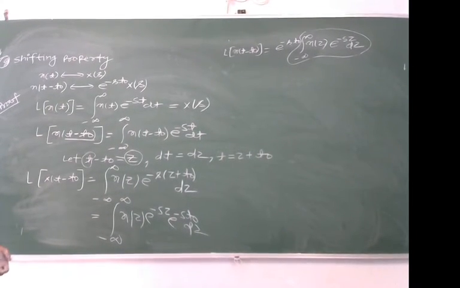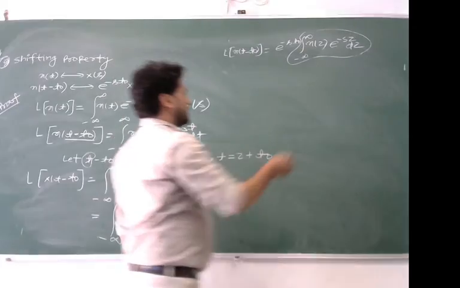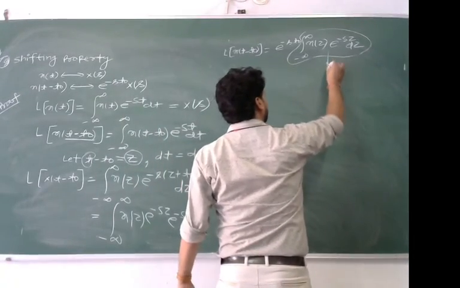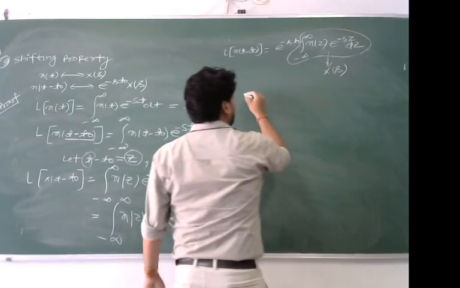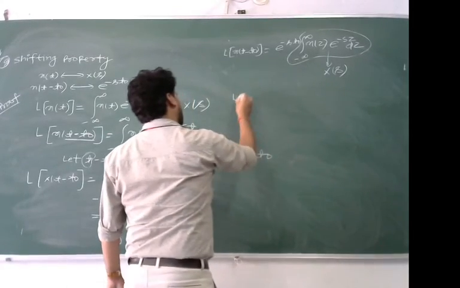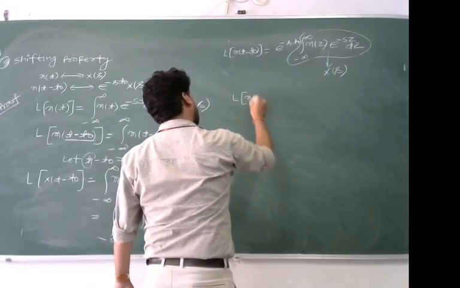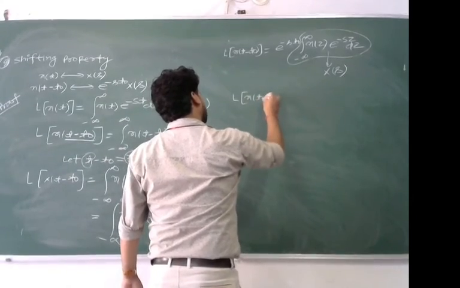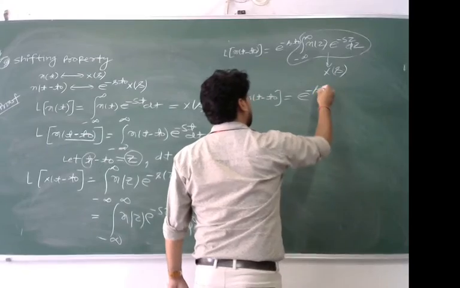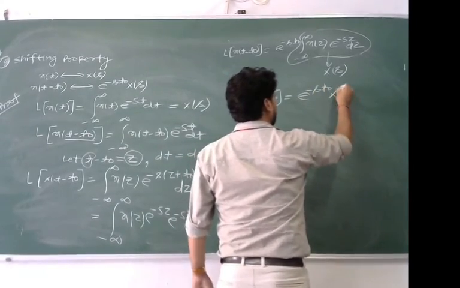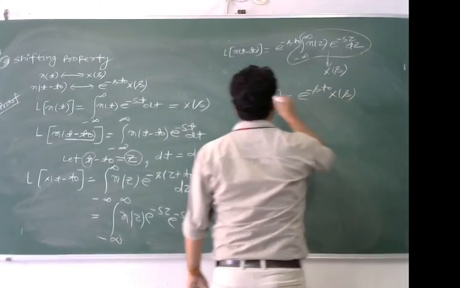So it does not make any difference. This will become the Laplace transform of x of t, which is X of s. So I can write the Laplace transform of x of t minus t naught will be equal to e power minus s t naught into X of s.